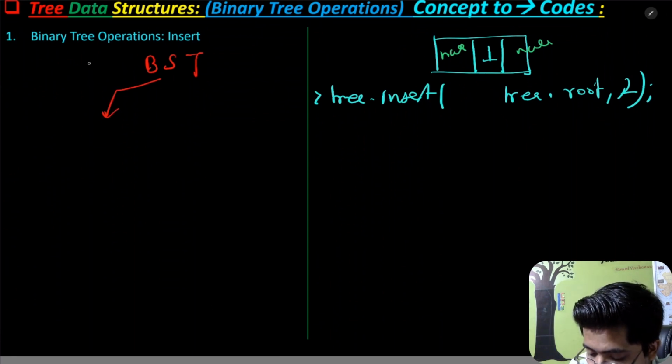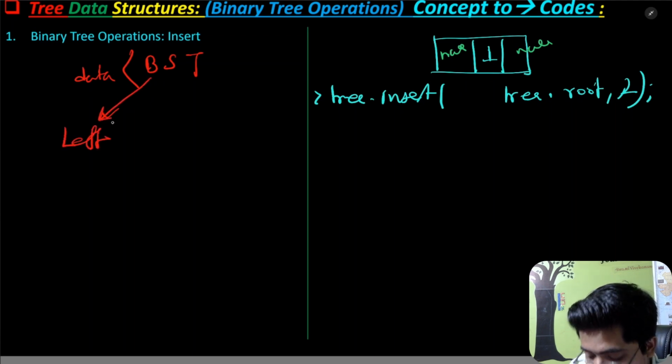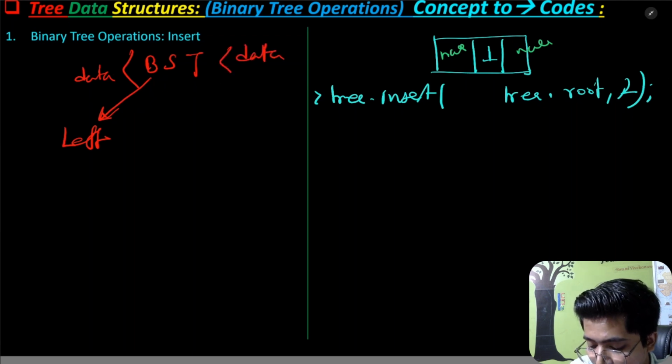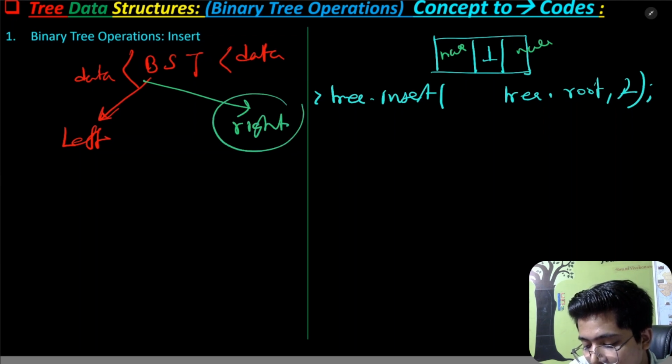So data that is lesser than the root dot data will be inserted on the left side. And if the data value is greater than the root data, then we'll be inserting it toward the right position. That means the right data values will always be greater than the root dot data.